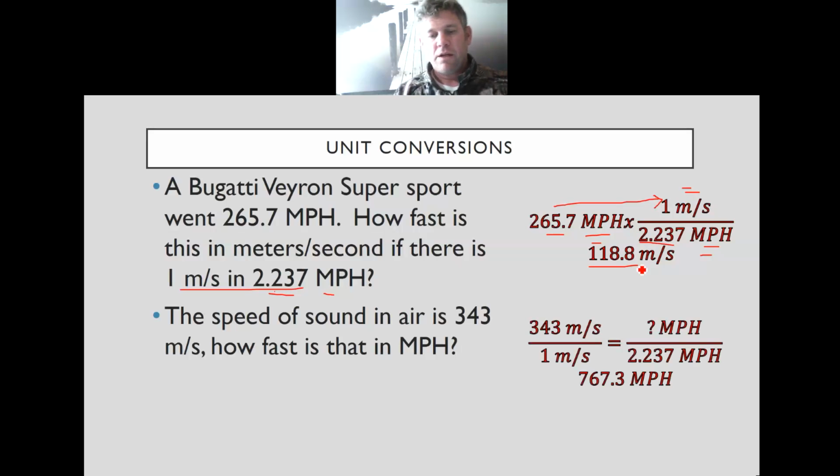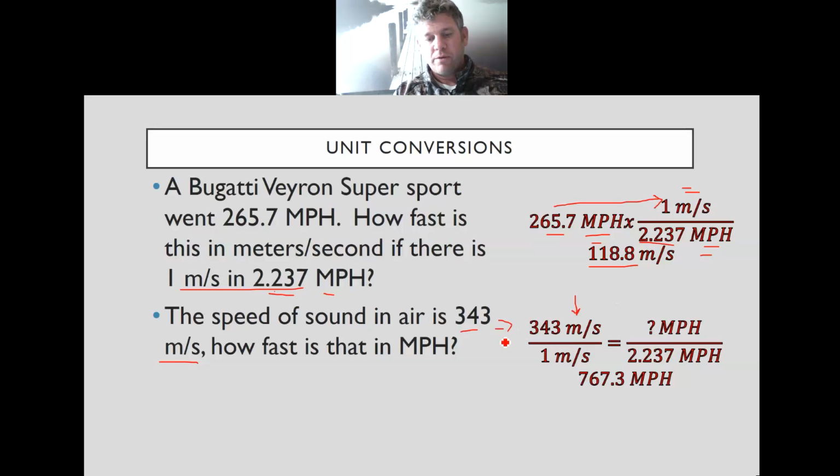Notice here, the setup is a little bit more unique than the previous one. What I have here is my meters per second side. They gave me 343 meters per second, so I just put that on the top as my known. Up on the top here, like the previous problem, I'm still using that 1 meter per second.